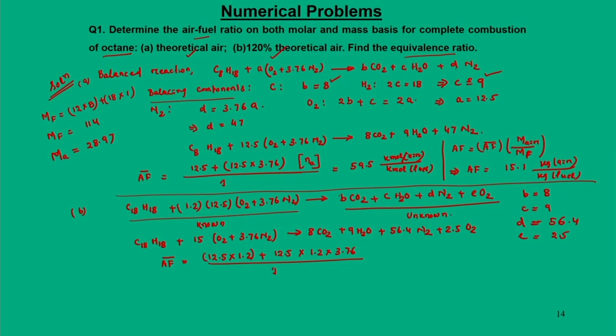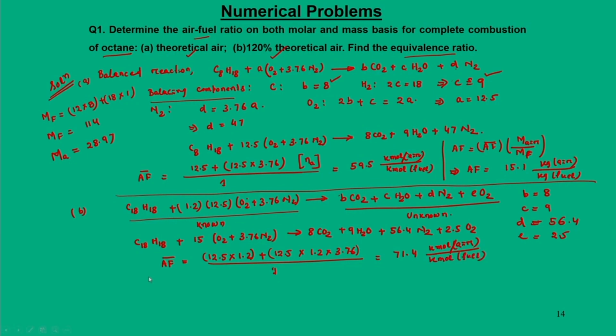This parameter is for oxygen, this parameter is for nitrogen. So, this number will give you 71.4 kilomole air divided by kilomole fuel.